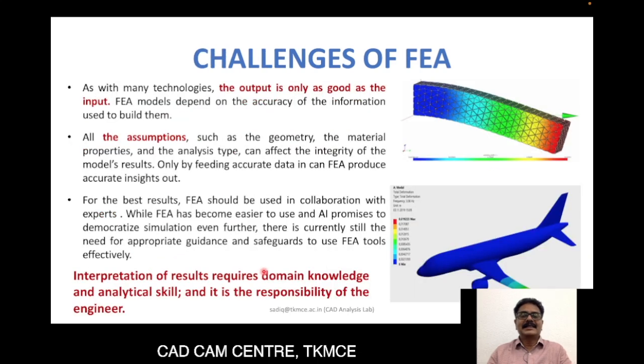What are the typical challenges of FEA? The output that we get is only as good as the input that we give. That means the finite element model depends on the accuracy of the information that we give to build the model.